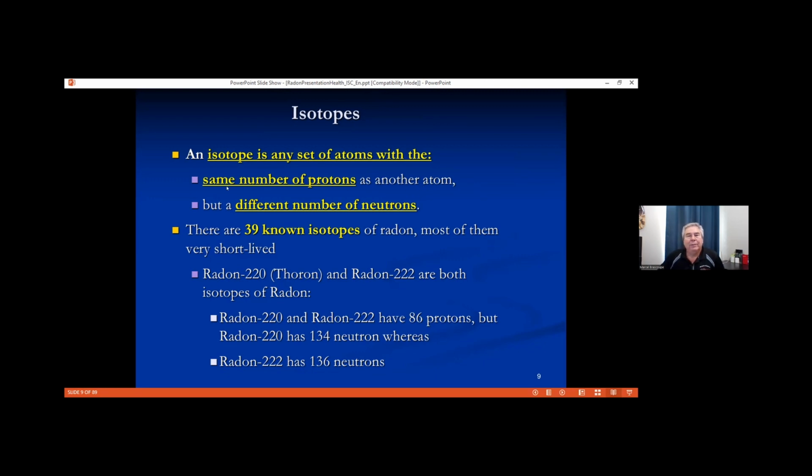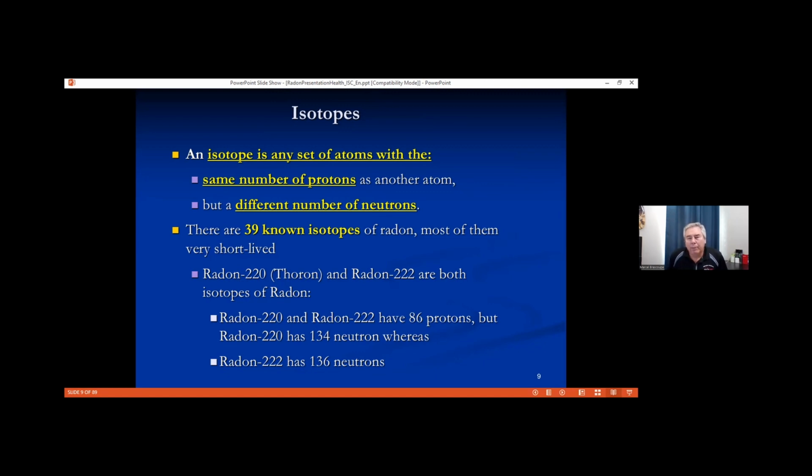And like I mentioned, in most cases, the difference between the different atoms would be the number of neutrons. There are actually 39 known isotopes of radon, most of them very short-lived.